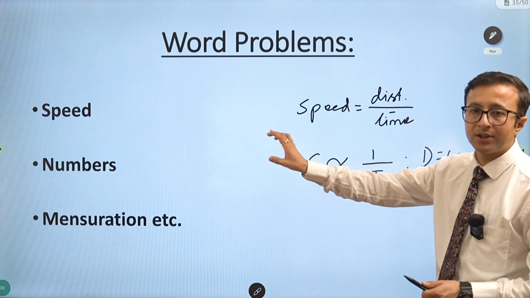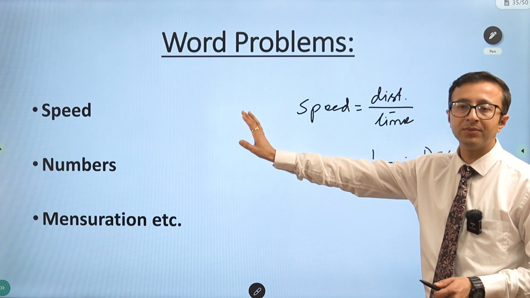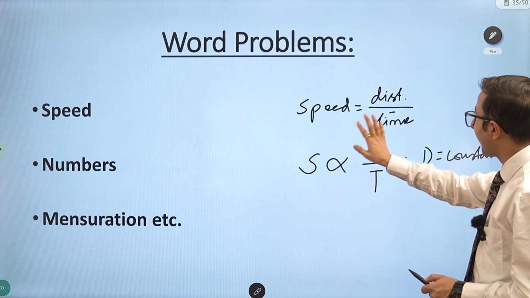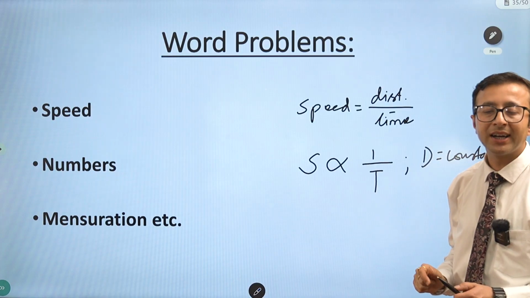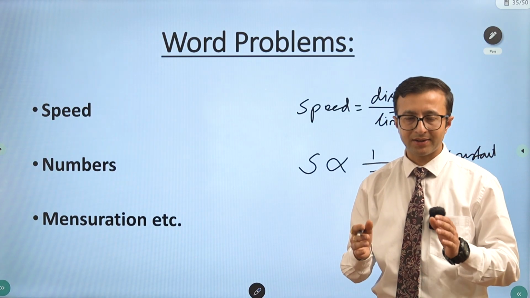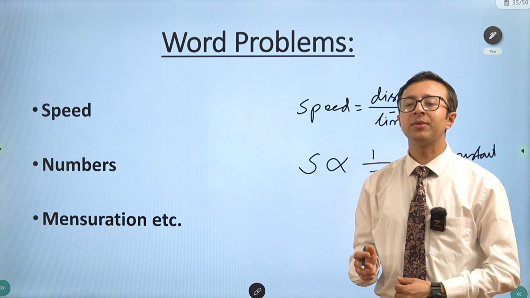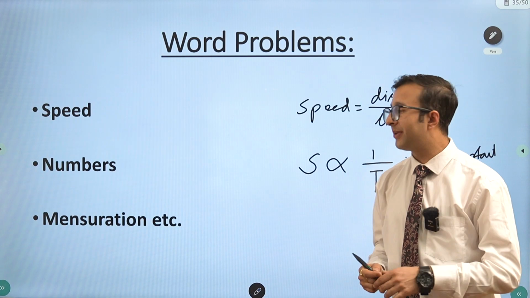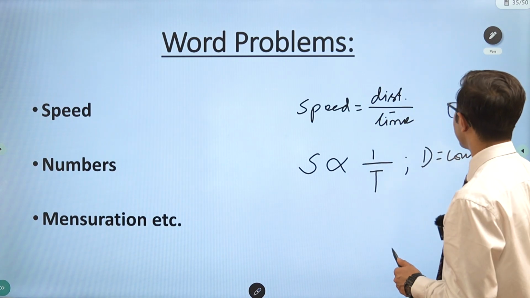This will be used in case of speed problems. That's why I have explained that we have to use speed is equal to distance by time. Every time in class 10 CBSE boards, whenever you see problems related to speed, there will be the use of speed as distance divided by time.